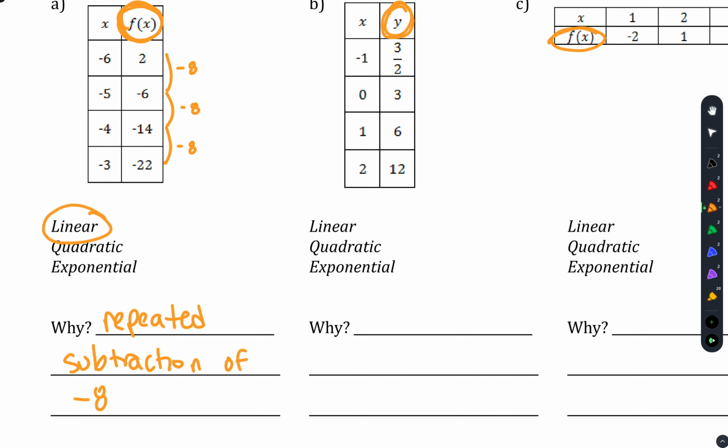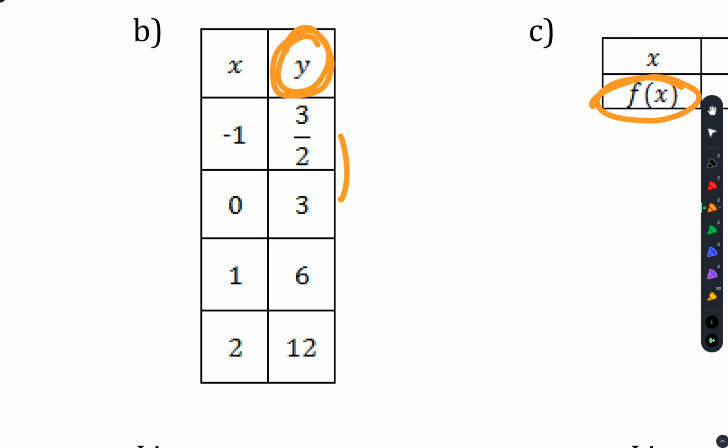Good? I'm going to take a look at letter B. Again, I don't see any pattern here, so I'm going to go for my first option, which is always to see if I have addition or subtraction. I'm going to start by counting. This is like plus 3 halves, I think. This is plus 3. This is plus 6. Is that a pattern of repeated addition?